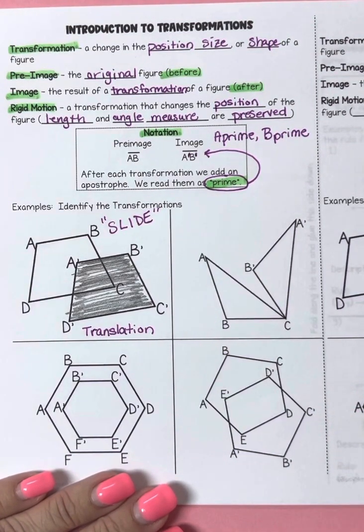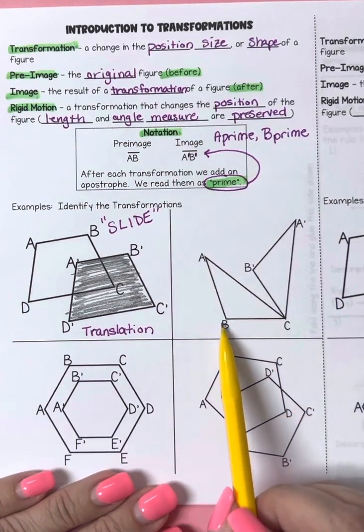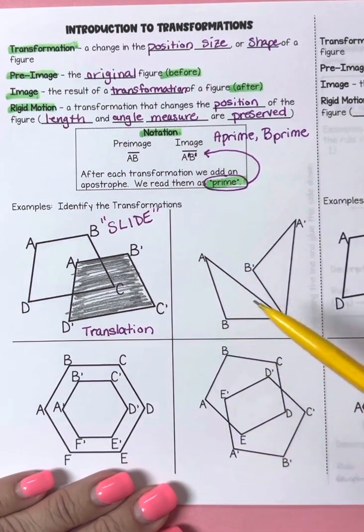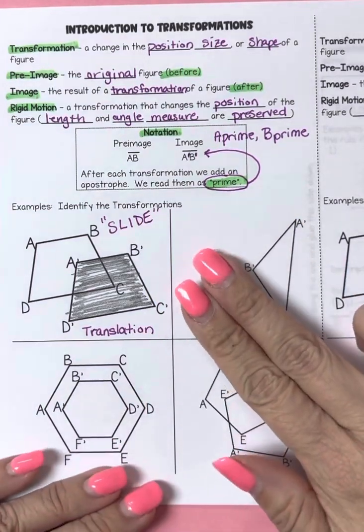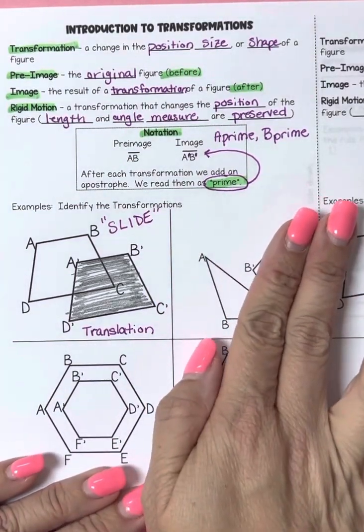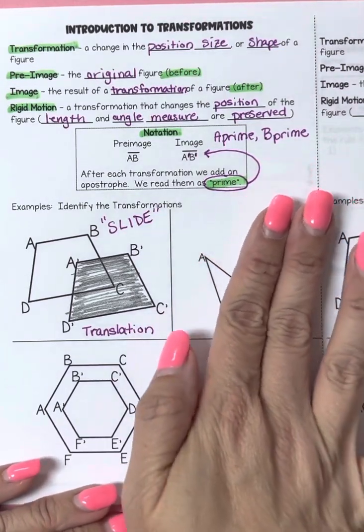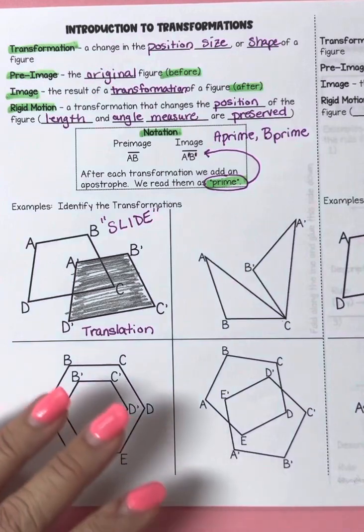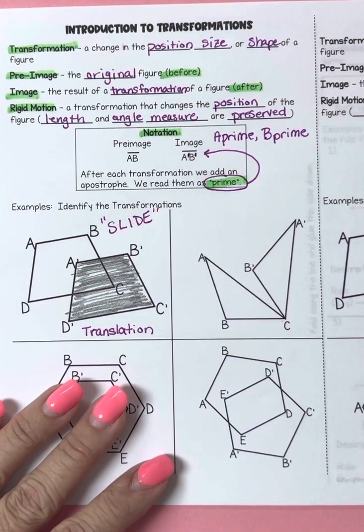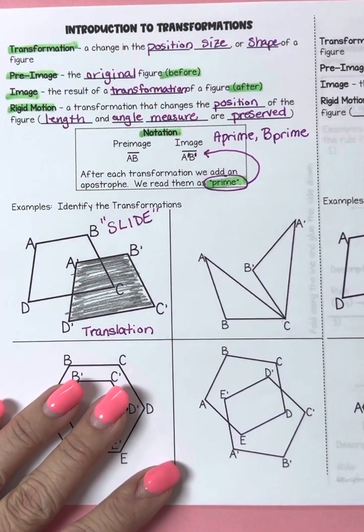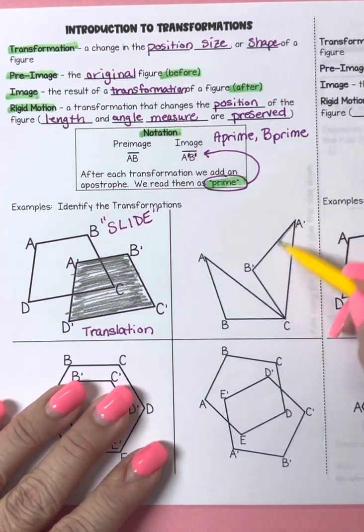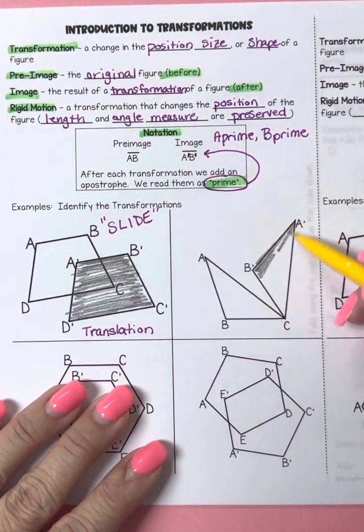Okay, the second one that we have, it looks like we have a triangle A, B, C, and then what happened was this triangle moved over this way. It did not slide like this, it actually turned like that. So that is called a rotation. Let me shade in the image.